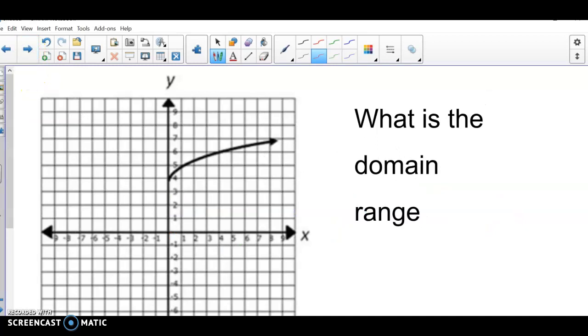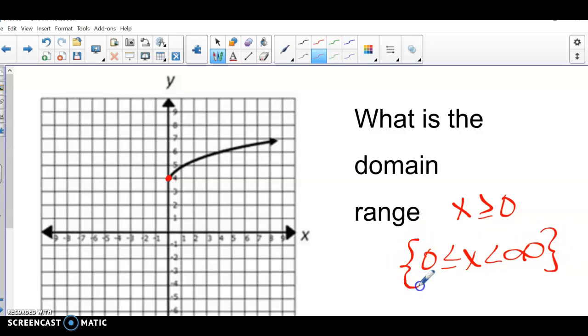What's going to be your domain? Well, you have a starting place here. Domain is our x value. So it starts at x equals 0 and it continues on. So you could have x is greater than or equal to 0. You could have it written in set notation so that it's greater than x and it continues on to positive infinity.